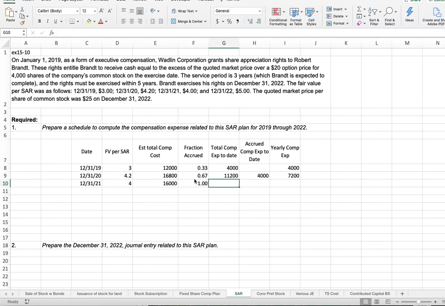So the total compensation expense to date would still be that 16,000 times 1, so just carry over the 16,000. The accrued compensation expense to date is the 11,200. And so the difference is 4,800.